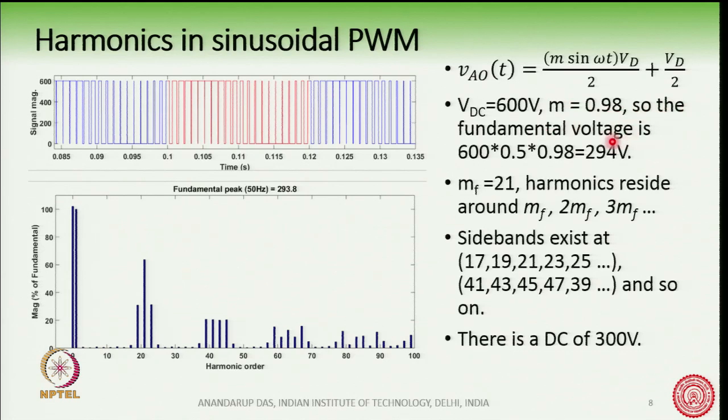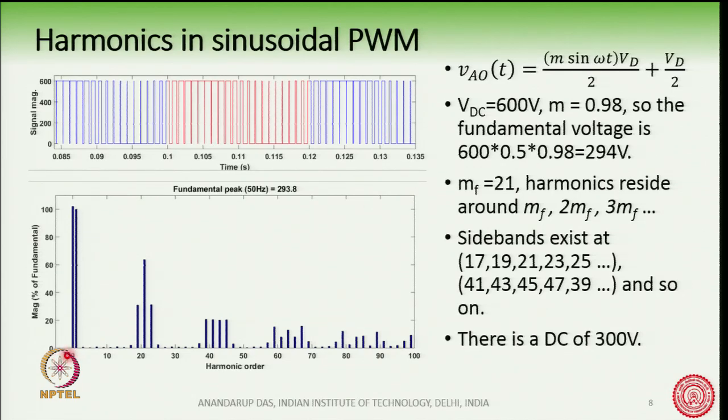So, the peak fundamental voltage is equal to m times Vd by 2, that is 600 into 0.5 into 0.98, which is equal to 294 volts. That is the peak fundamental voltage out of the half bridge converter.